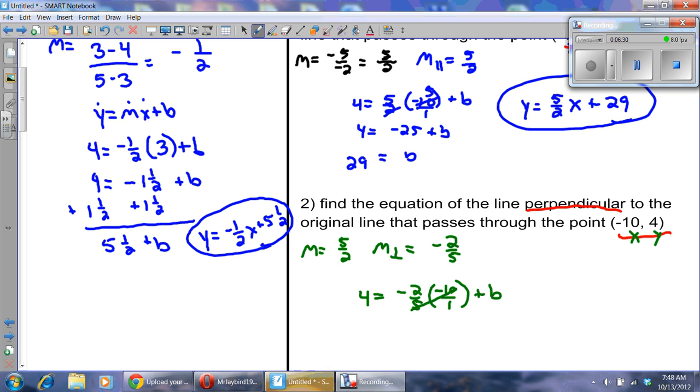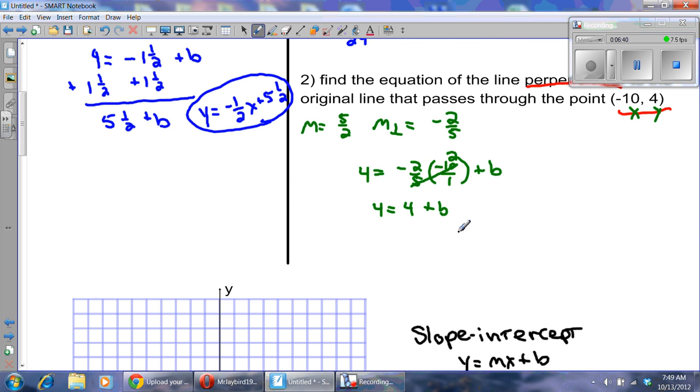This is going to simplify to 4. I'm going to get 4 equals 4 plus b. Now, just common sense should tell you that b has got to be 0, but if you don't see that, I'll subtract 4 from each side, and I'll get b equals 0. Now that I have the slope and the y-intercept, I can write y equals negative 2/5 x, and I'm done.